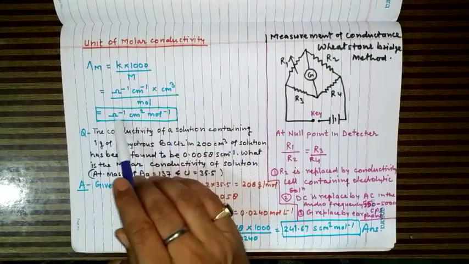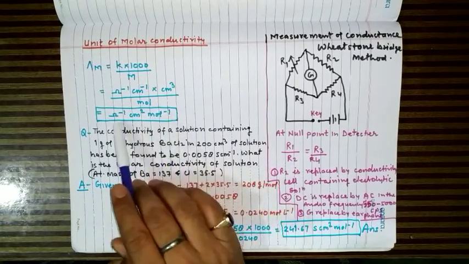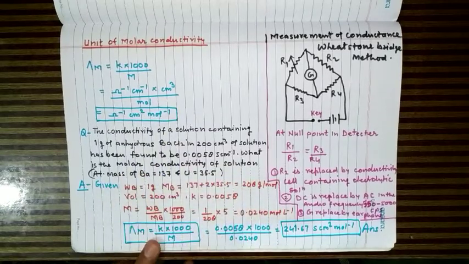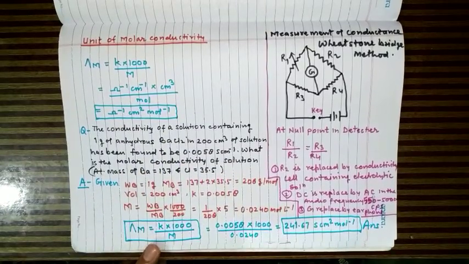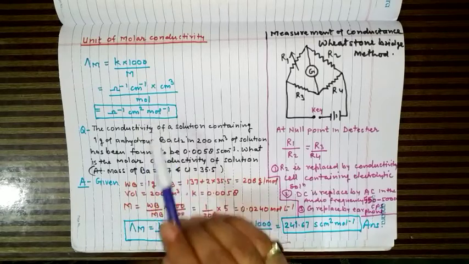So this will be equal to ohm inverse centimeter square per mole, or it is Siemens centimeter square per mole. So this is the unit of molar conductivity. Sometimes it is asked in a 1 mark question, what is the unit of molar conductivity? So it is ohm inverse centimeter square per mole or Siemens centimeter square per mole.